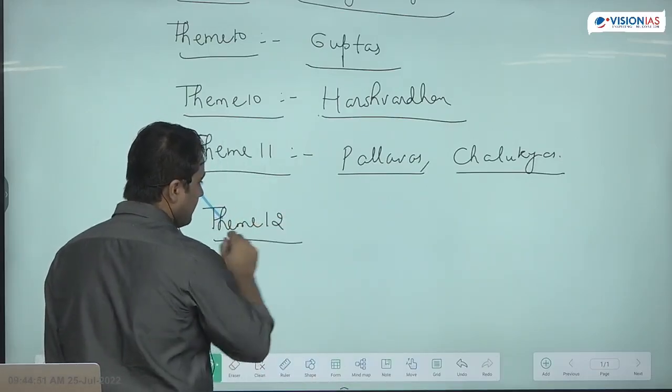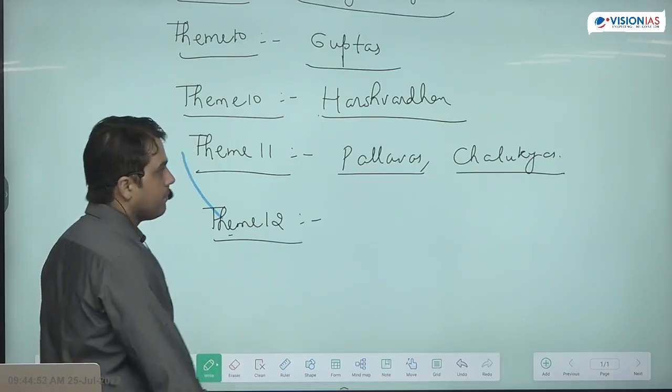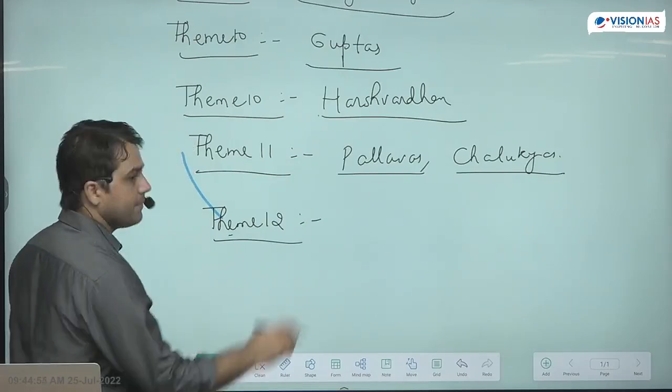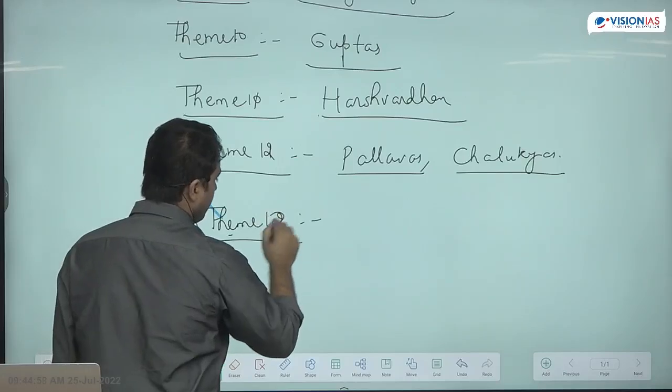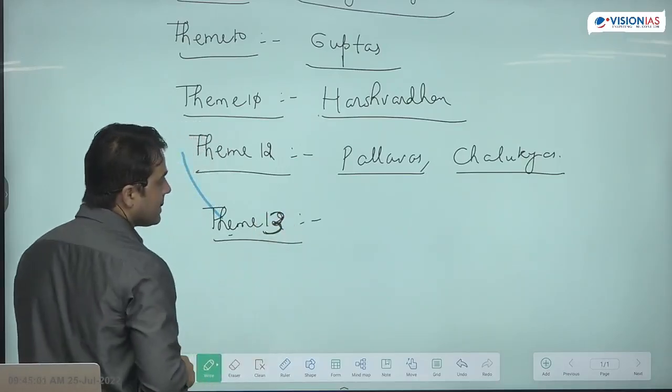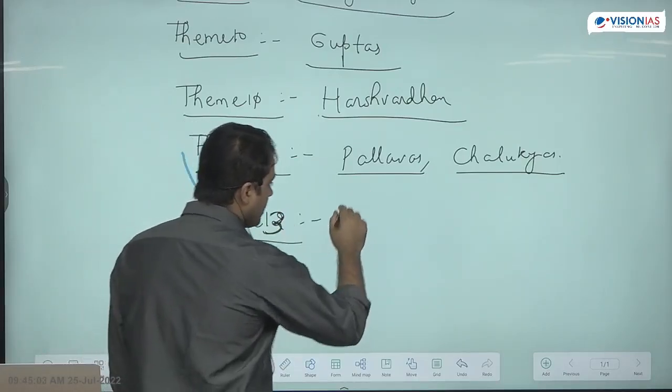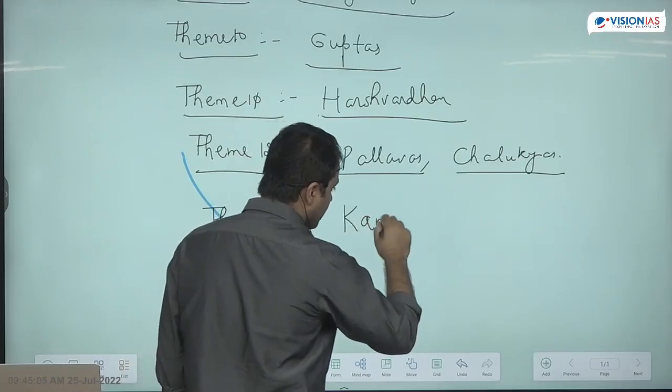Theme 12. So next theme which we are going to discuss will be what we called Kannauj triangle or tripartite struggle.